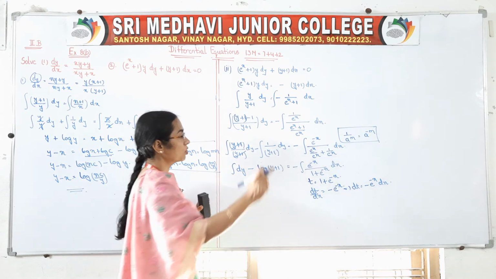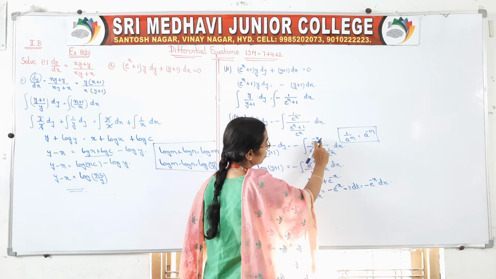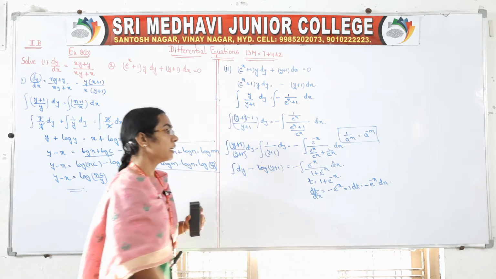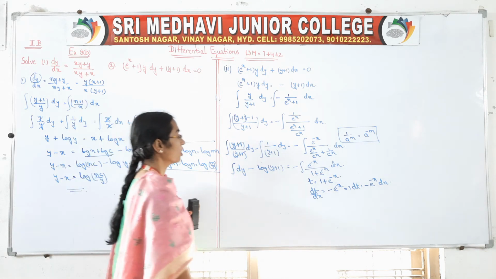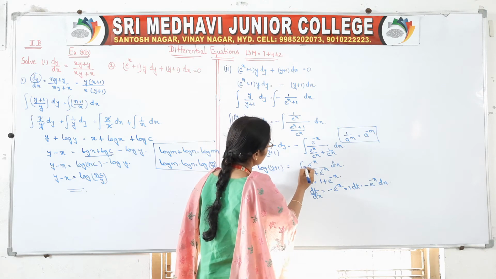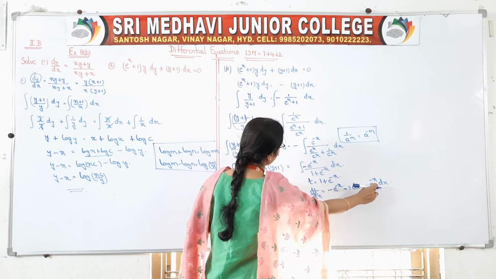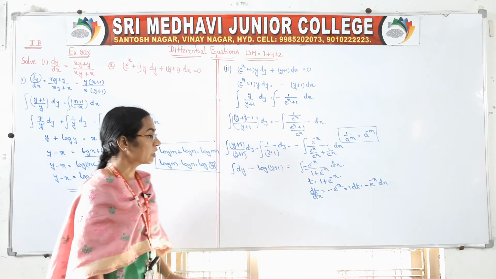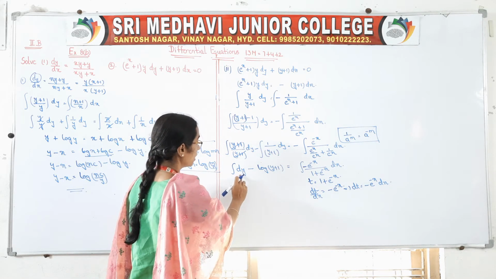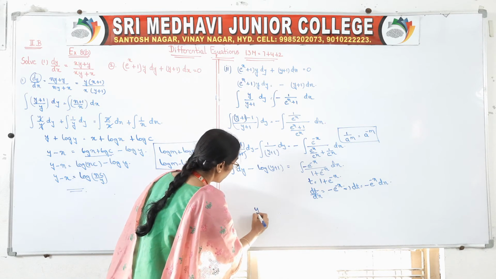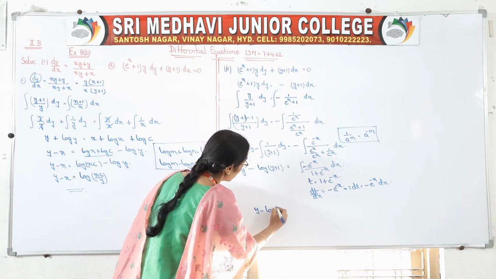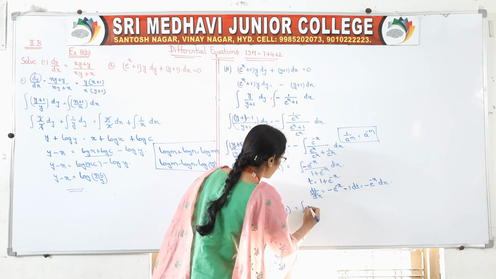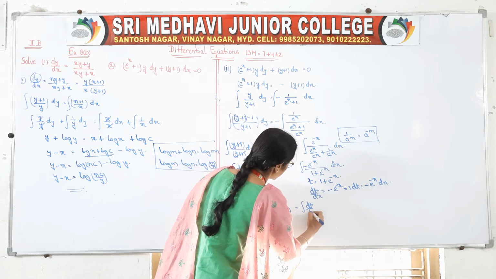Okay, so if you observe here, we are having minus e to the power of minus x dx. In place of that, we can take our dt. Okay, so here you send this minus inside, so that instead of minus e to the power of minus x dx, we can take dt here directly. Okay, so here integral dy is y minus log of y plus 1 is equal to integral dt by t.